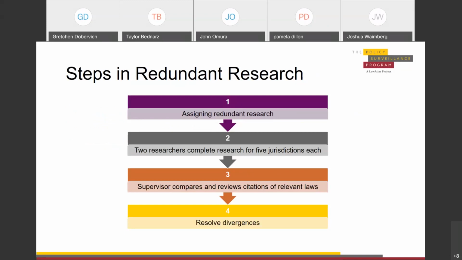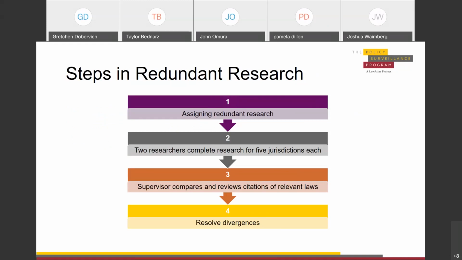So this is an overview of the steps in redundant research. As you can see, there are 4 main steps to redundant research. Research assignments: as we said, we do most of our research in batches of 10 jurisdictions at a time. What that means is that we assign those 10 jurisdictions for research, and we assign those same 10 jurisdictions for redundant research.